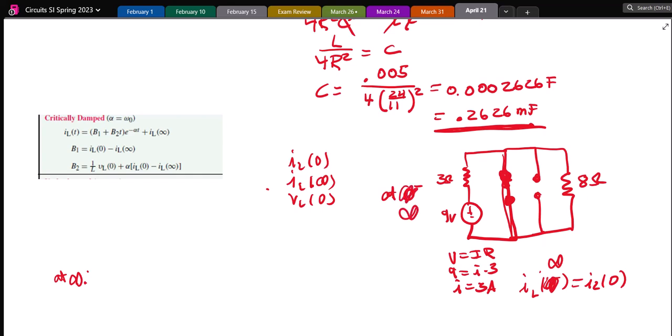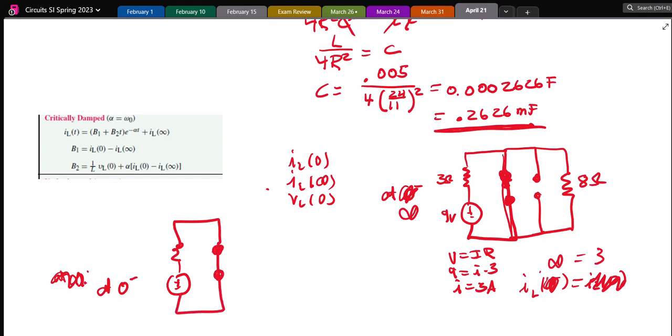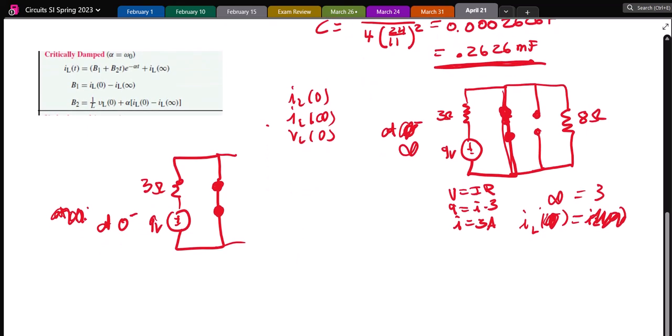So now let's do 0 minus. And you'll see why I was confused for a minute. At 0 minus, I have three ohms, 9 volts, and an open circuit on the other side. So when I got 3, I wasn't thinking about it because I had just done this problem.